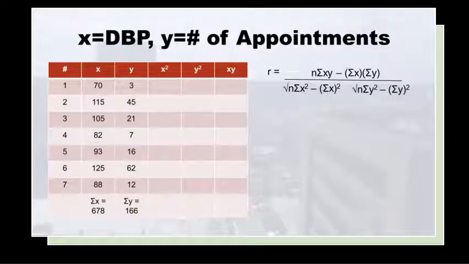Okay, let's go through the equation and learn how to work it. It's actually really easy as long as you stay careful and you stay organized. That's why we make a chart like this. We're going to make a table first, and then that will tell us exactly what we need to put in each portion of this equation.